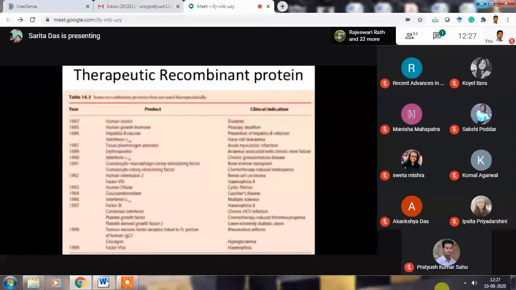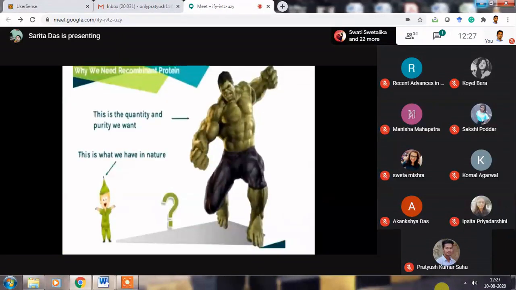So this is a list of therapeutic recombinant proteins: insulin, humulin actually, in use since 1982, human growth hormones since 1985, and some vaccines, interferons and interleukins are also used as therapeutic recombinant proteins. So why do we need recombinant proteins?